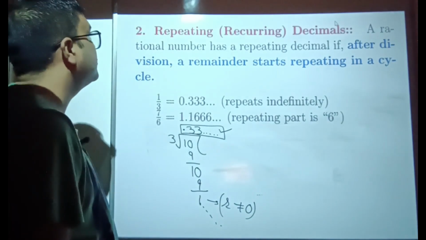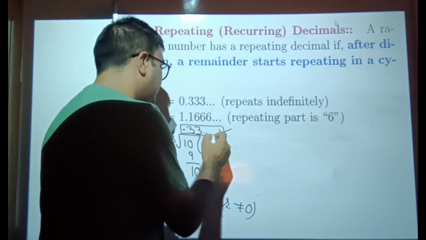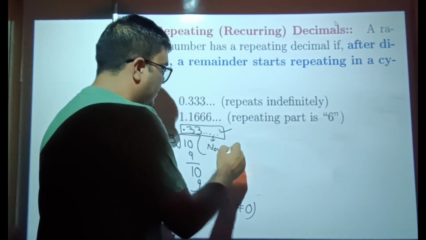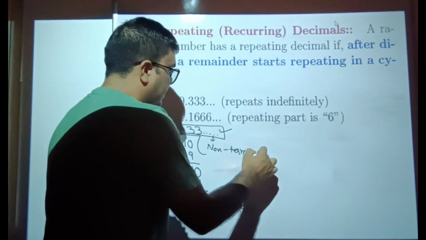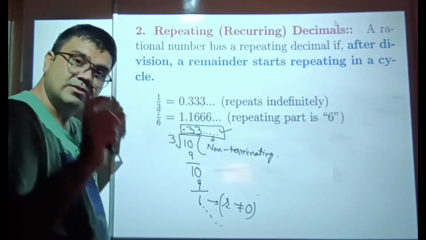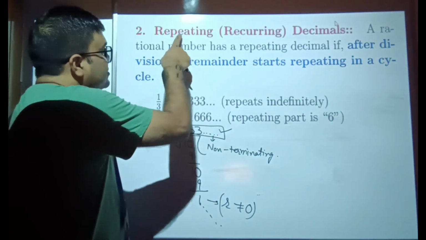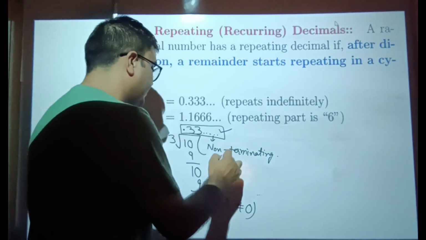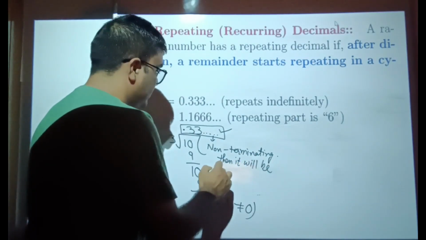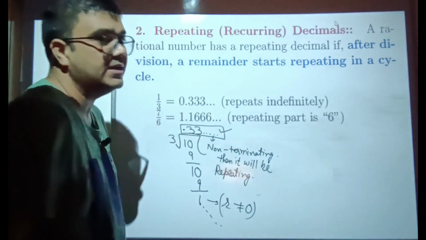But it is important to note over here that whenever we are talking about rational numbers, the quotient is either terminating, as in the first case we have seen, or, in the second case, when it is non-terminating, then it will be repeating.